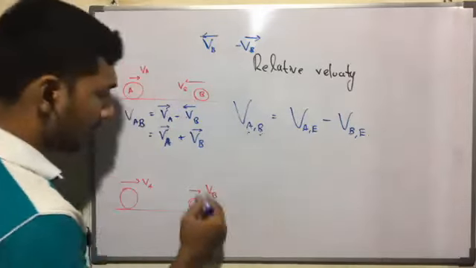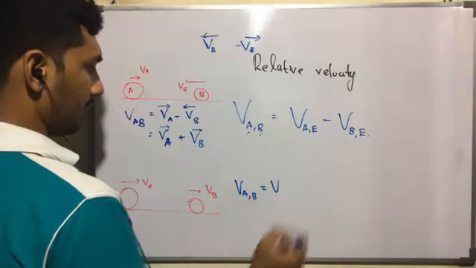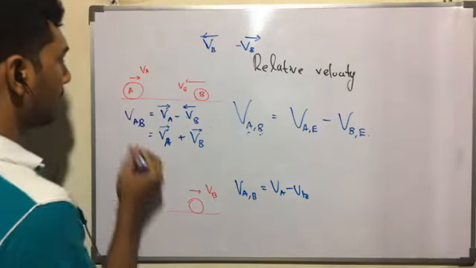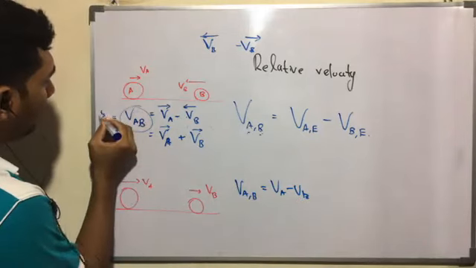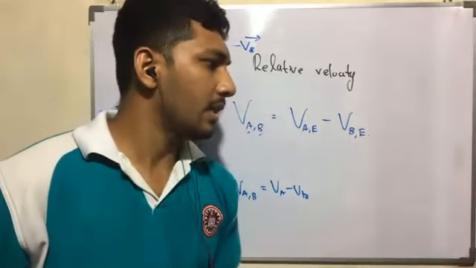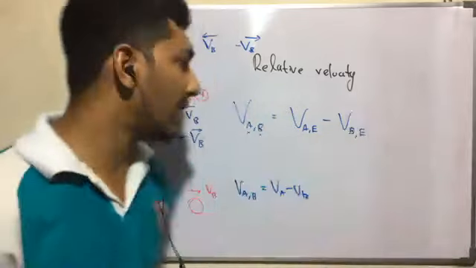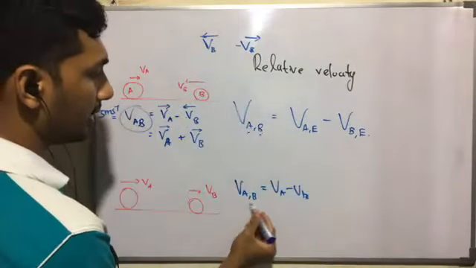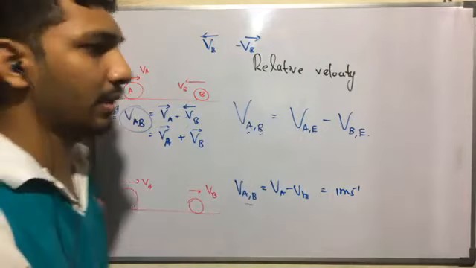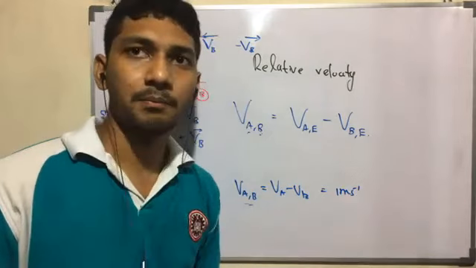So V_AB is equal to V_A minus V_B. This velocity is actually 5 m s^-1. As they say, in 1 second they get 5 meters closer to each other, which means they have this relative velocity of 5. And here this velocity is 1 because they get only 1 meter closer to each other, so it is 1 m s^-1.